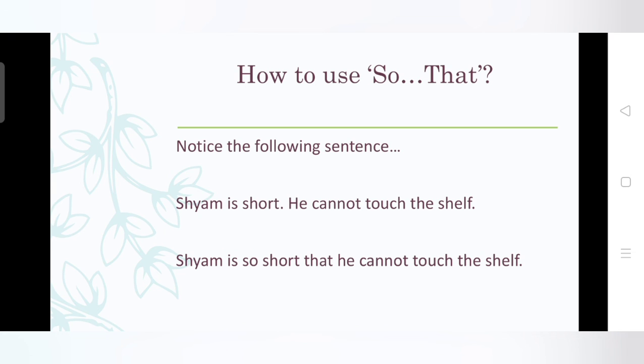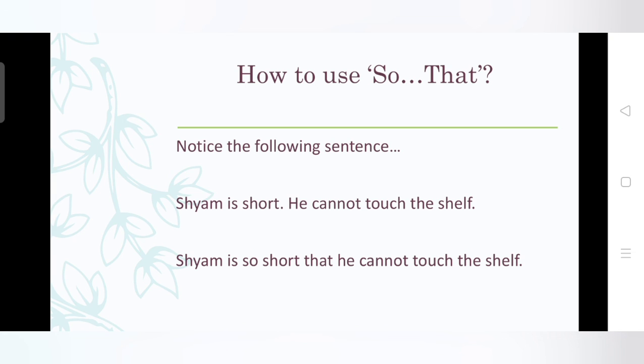Now what should I do? I should remove the full stop, and in place of the full stop I should put the word that. So I have written here that. Then write down the second sentence as it is. So I have written, he cannot touch the shelf. Now originally the sentence was, Shyam is short, first sentence.